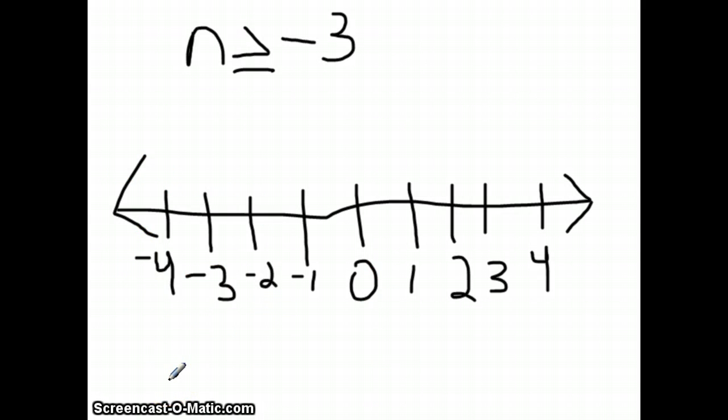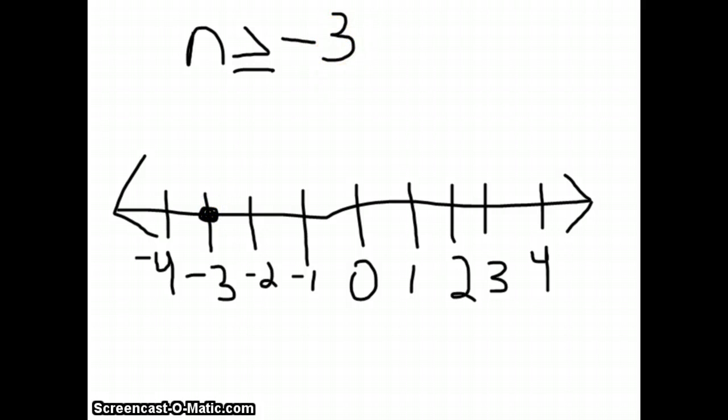Okay, the next thing we're going to look at is actually graphing these types of inequalities. We have n is greater than or equal to -3. If we look down here at this sad excuse for a number line, this crooked looking number line down here, we find -3 on our number line, and since it's also equal to -3, we're going to color this in.